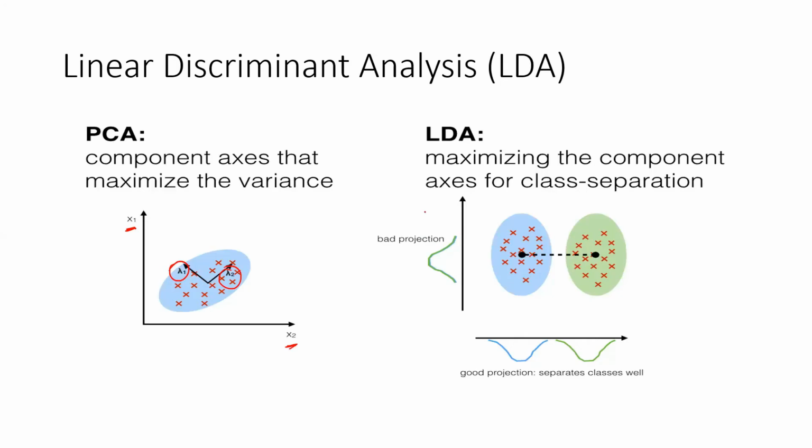If you look from the y-axis in this figure, obviously this is a bad projection because the blue and the green ovals are overlapping. But on the x-axis, this is a good projection, and looking from the x-axis side, the two classes are well separated.